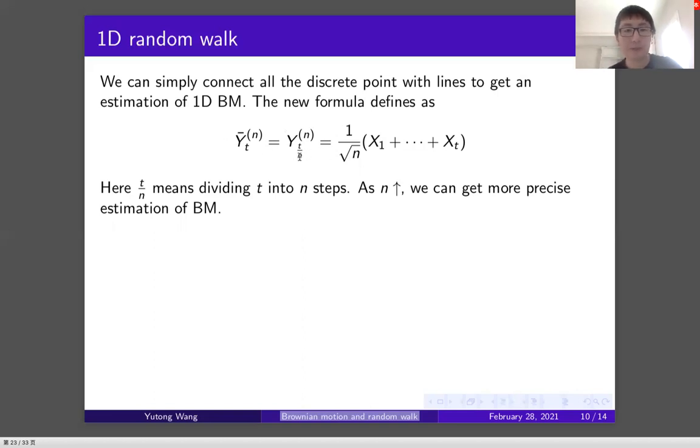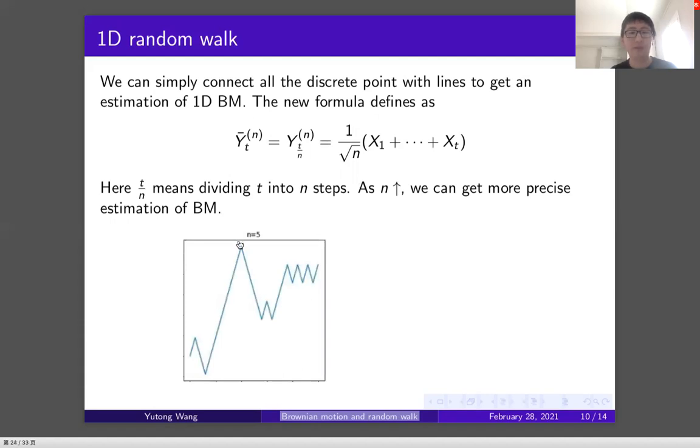Basically, t divided by n means we can divide t into n steps. As you can see, the more parts we divide t into, the more precise data we can get, and the more detailed graph will show for us. So we can get a more precise estimation of Brownian motion.